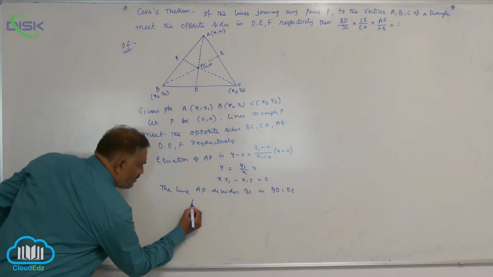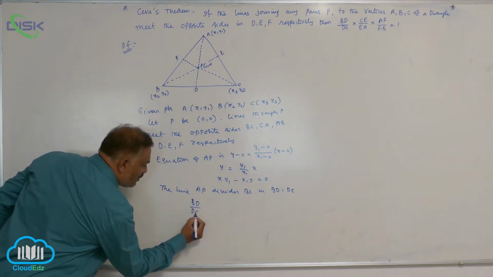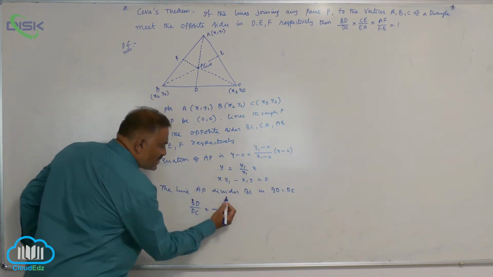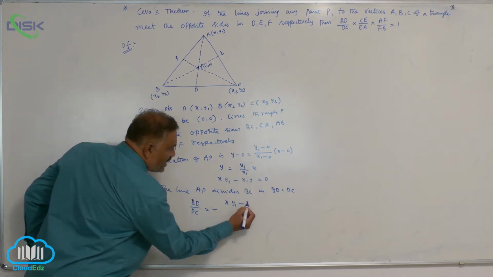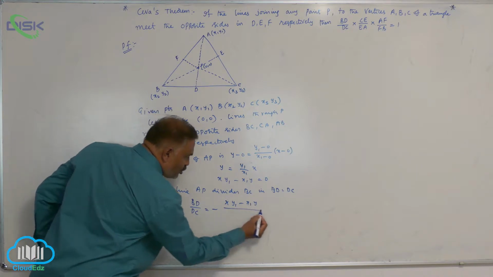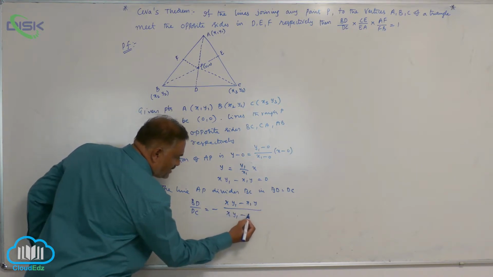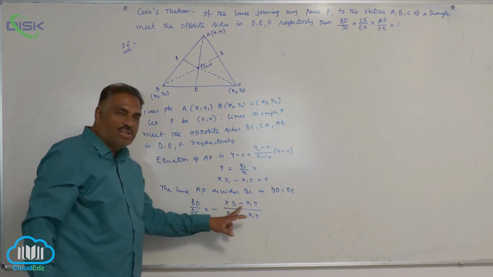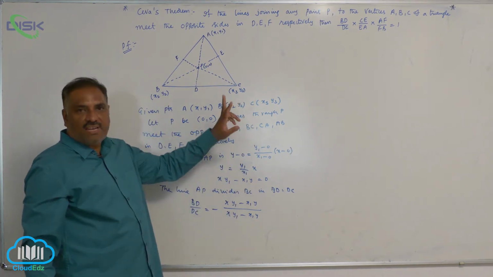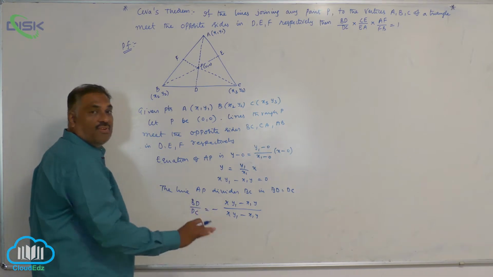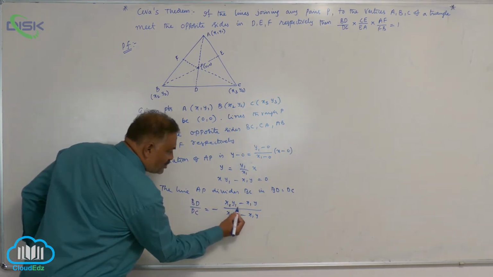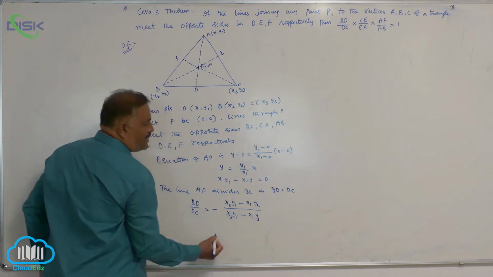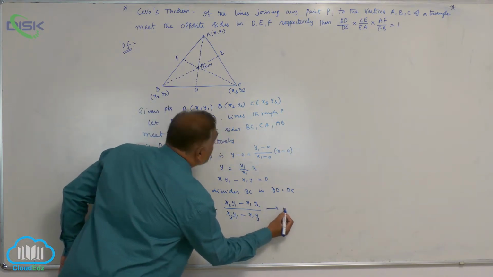Now you can write BD by DC is equal to minus of, first write down the straight line x y1 minus x1 y in both numerator and denominator. Now the first point (x2, y2) is substituted in the numerator, (x3, y3) in the denominator in place of x and y. Call it equation 1.